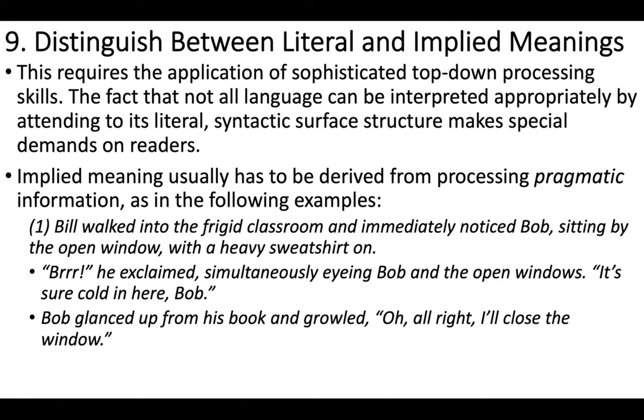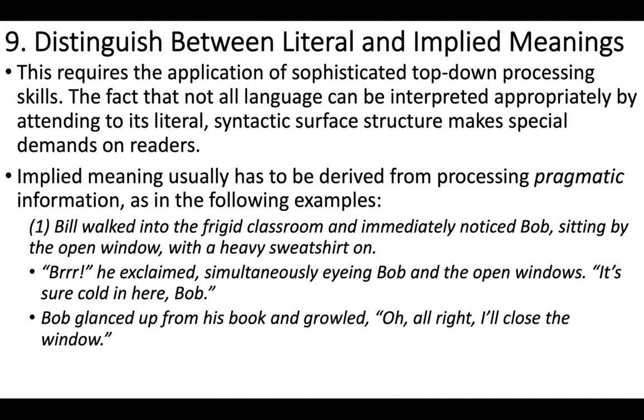The context could be a cultural context. It could also be relying on background knowledge to understand what the speaker is saying, or what has been written, right? So here we've got an example.